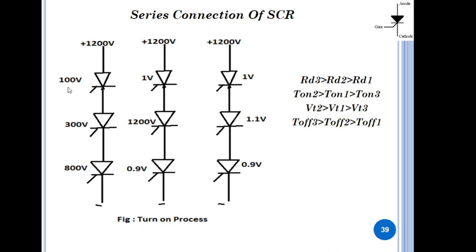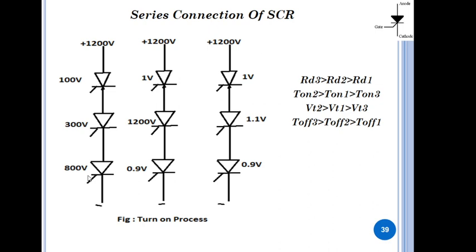So in this way, during the starting, that is during the forward blocking state, when we apply the voltage in the forward direction to the string, the SCRs do not share the voltage equally. The SCR which has the minimum blocking current will share the maximum voltage, and this can be explained by the blocking state resistance of the SCR.